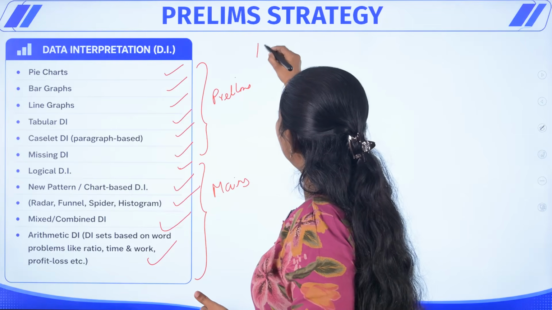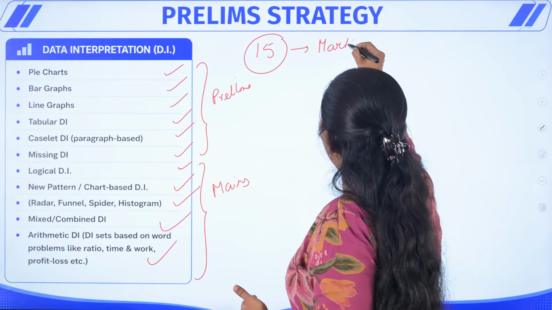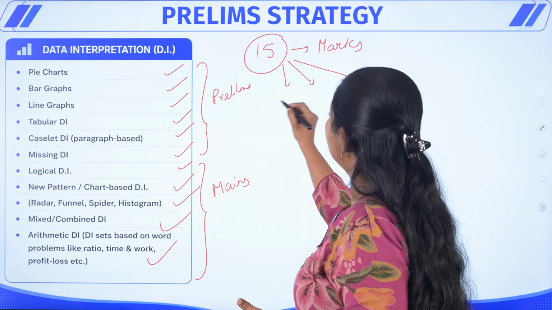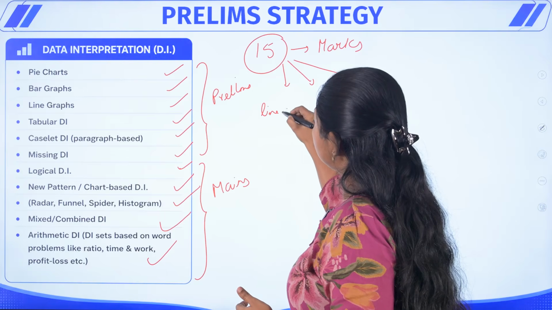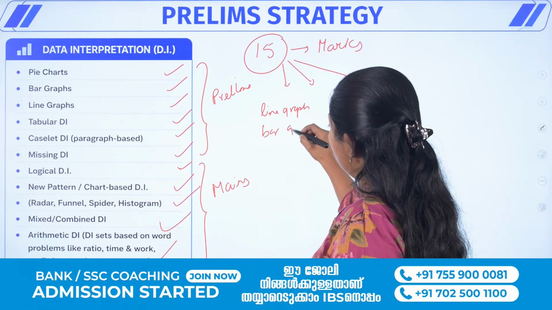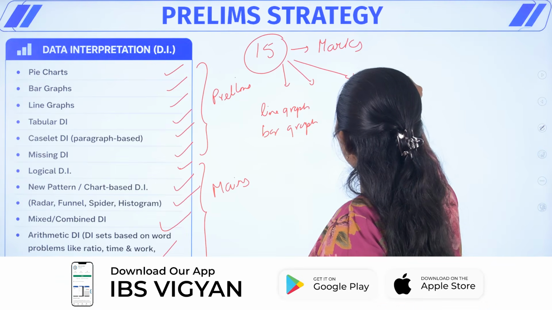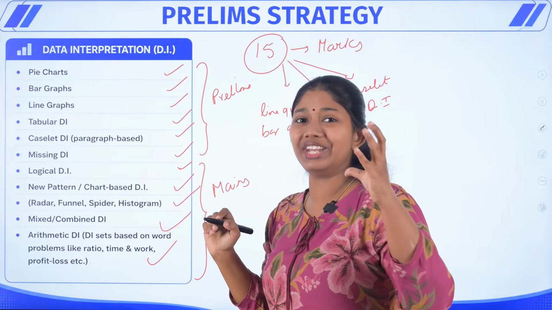So maximum weightage is 15 marks, and this will be divided into 3 DI. Like you have the 3 types of DI. You have line graph can be asked, 2 line graph or bar graph, all these, and third one is caselet type of DI, where figure will not be given, one comprehensive data will be given.